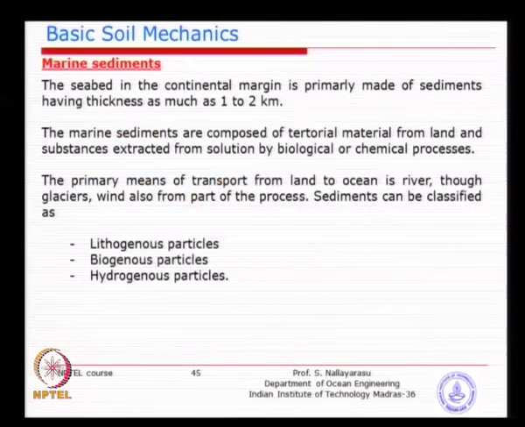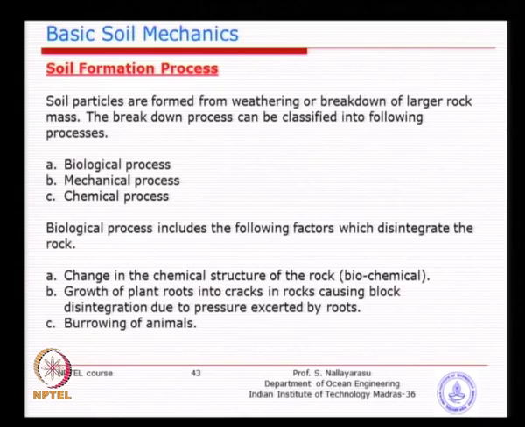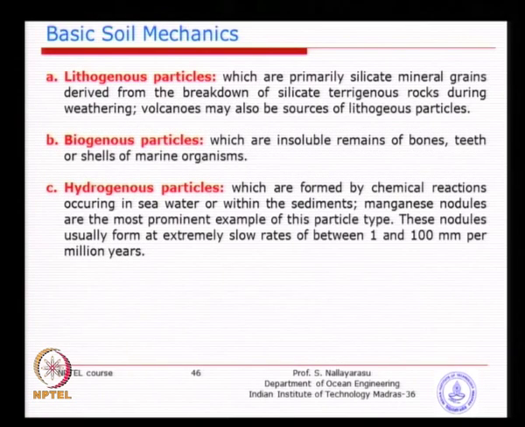Out of all these three forms of formation process we have discussed, what we need to know now is what it does. If it is lithogenous, basically a silicate material, it is very good because it is not going to break down any further. Those particles can stay together when you apply loading, whereas the other particles may break depending on the strength over a period of time.